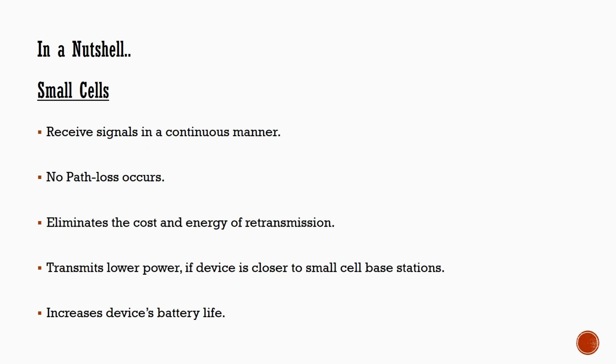That means the cost and energy consumed by the retransmission process will be eliminated. Moreover, if the device is closer to the small cell base station, it will transmit at lower power levels, which effectively lowers the power out of the cell phone and substantially increases its battery life.